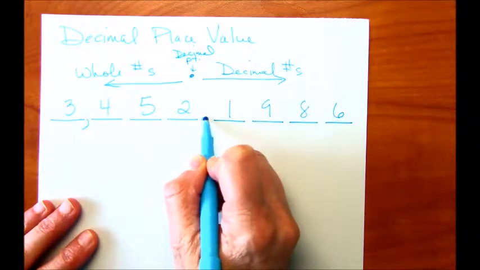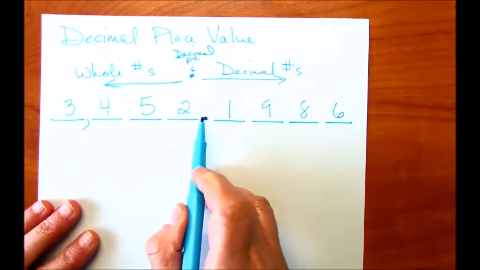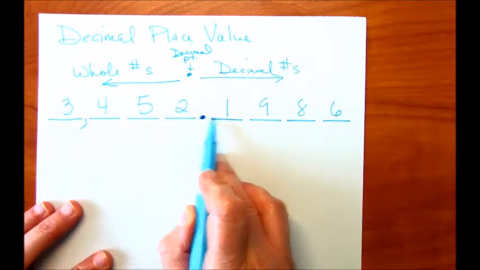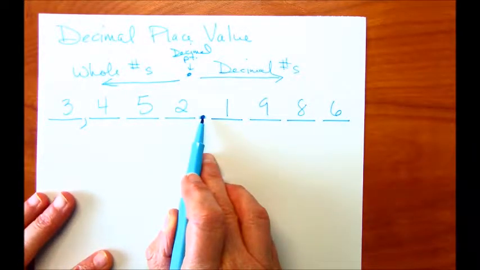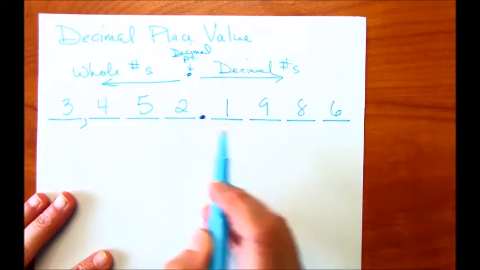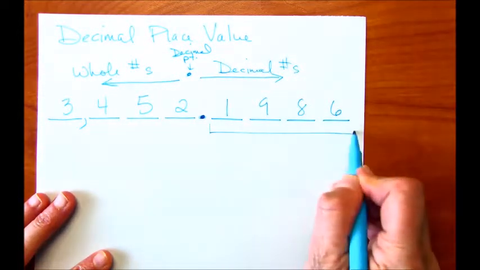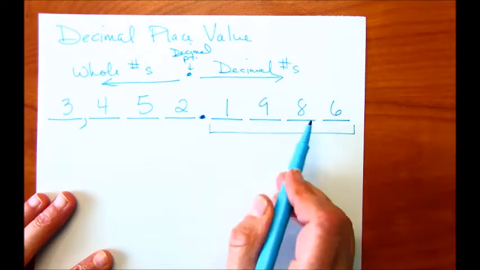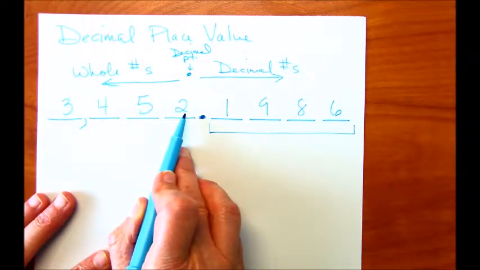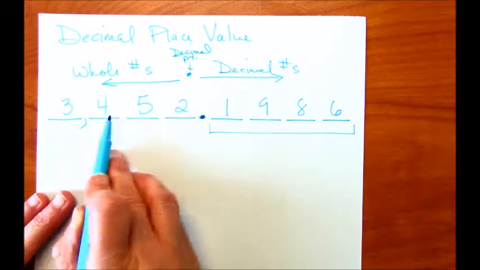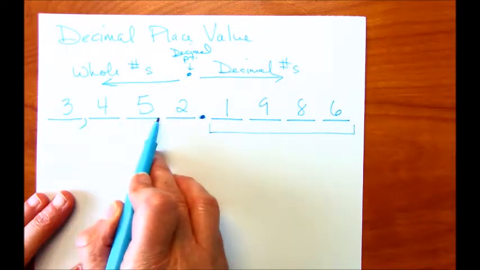But here we have the decimal point, and all the digits to the right of the decimal point are representing numbers that are less than 1. So this amount here represents a little more than 3,452, but not quite 3,453.